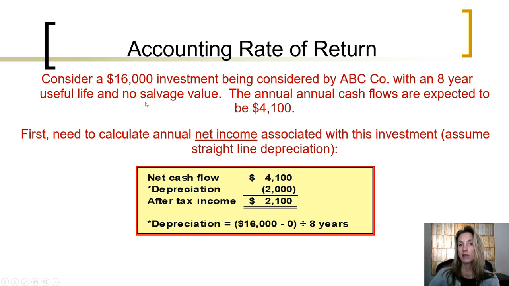This investment is not expected to have any salvage value, and then divide by the useful life of the asset, which is 8 years. So 16,000 minus a 0 salvage value divided by 8-year useful life. The amount of depreciation expected each year is $2,000. So the net income will be the cash flow less the depreciation, $2,100 per year.